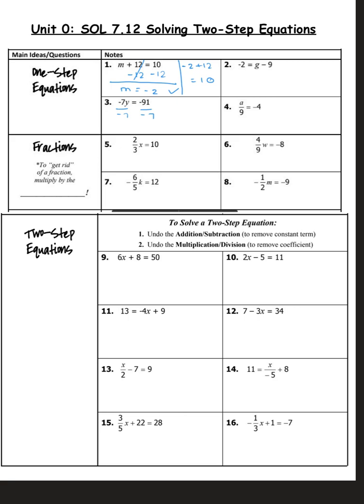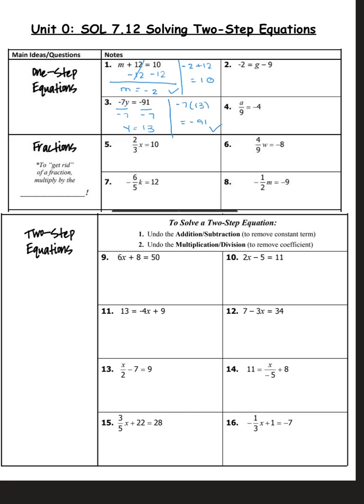So we have y is equal to 13. We can again check our answer. Negative 7 times 13 is equal to negative 91. So 13 is going to be our solution.